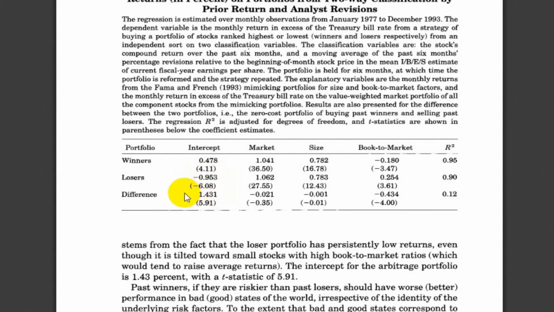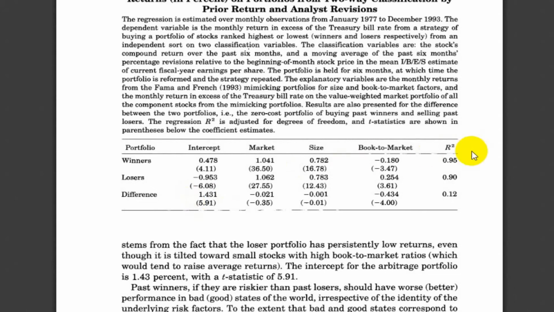And so buying the winner portfolio and selling the loser portfolio earned 1.43% per month in risk-adjusted returns, and it comes with a very high T statistic, so we know it's very significant.